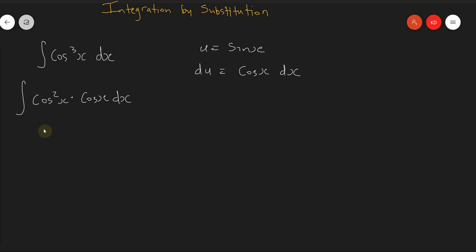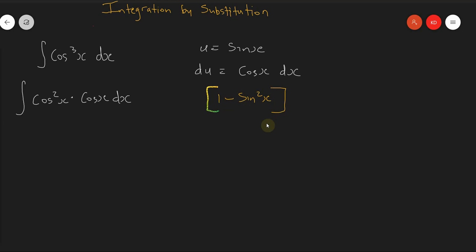With cos x dx. And if we can recall this identity, let me just write it here. cos squared x is equal to 1 minus sine squared x, right?